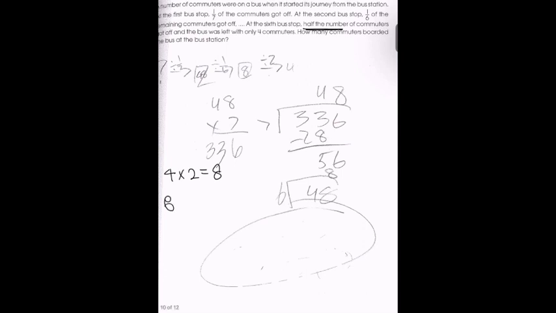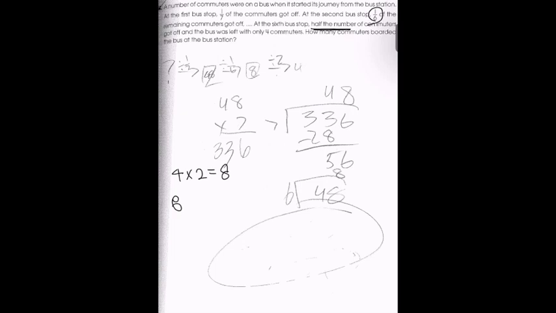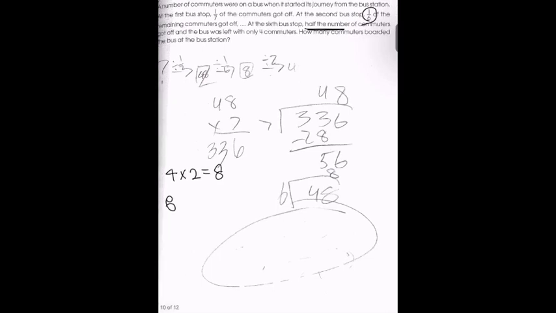And then it says at the second bus stop, 1/6 of the remaining commuters got off. So what we did was we had a number x, and we subtracted 1/6 of x, and that resulted in 8.